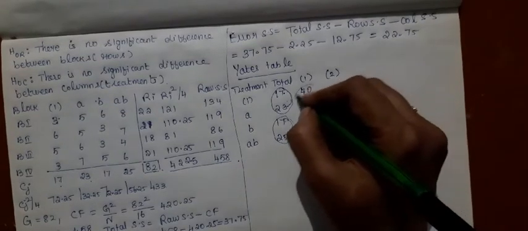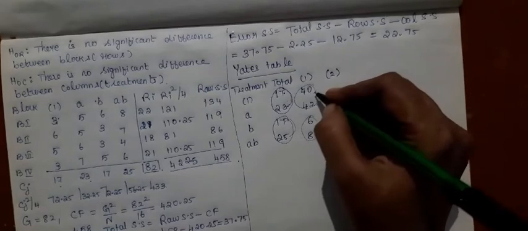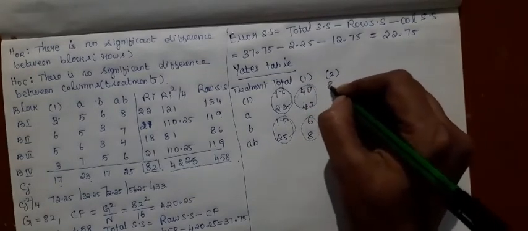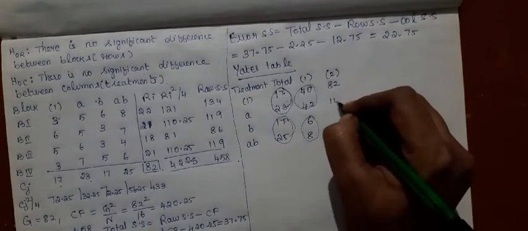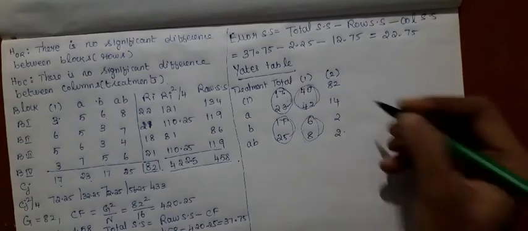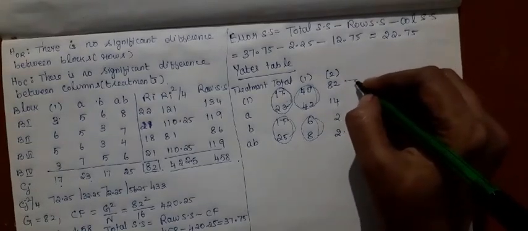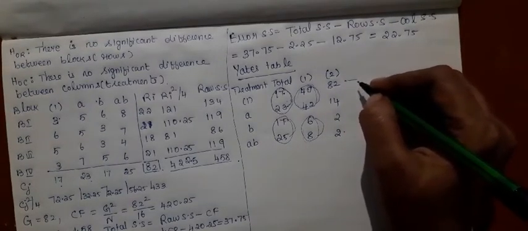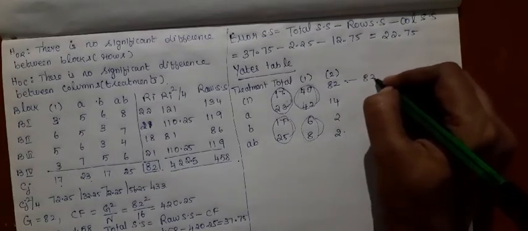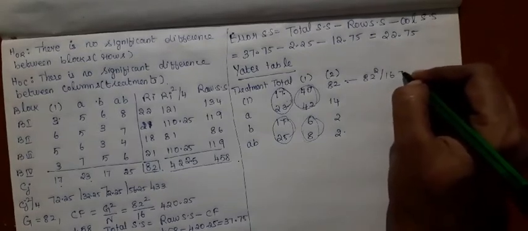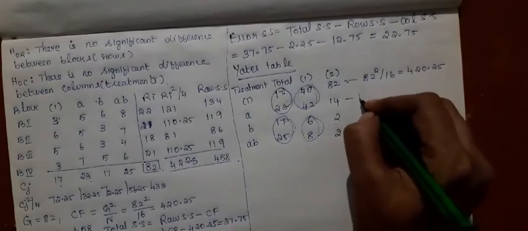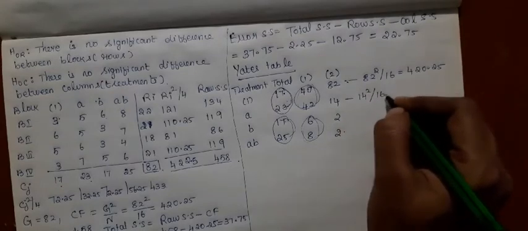Then do it again for the second column with the values in the first column. Add these two values, add these two values, reduce this from this, reduce this from this. Now you can compute the individual treatment sum of squares for each combination. This is actually the grand total, right? So when you do this, you get the correction factor, and here it is 14 square divided by 16.